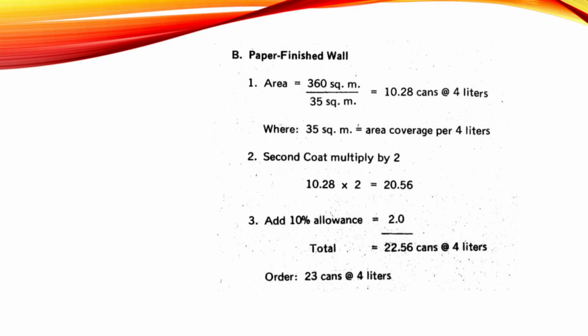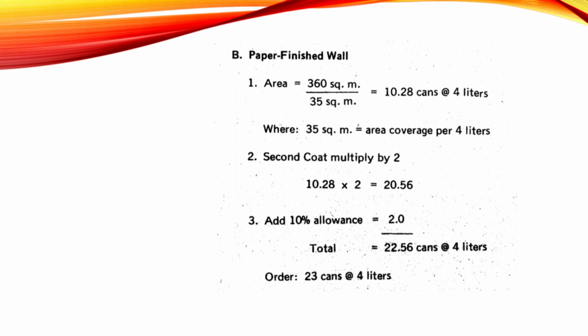So for paper finished wall, we have the same area of 360 square meter, and then we will divide the 360 square meter by 35 square meter, where 35 square meter is the area coverage for fine to coarse surface per 4 liters. So that means we have 10.28 cans of 4 liters.